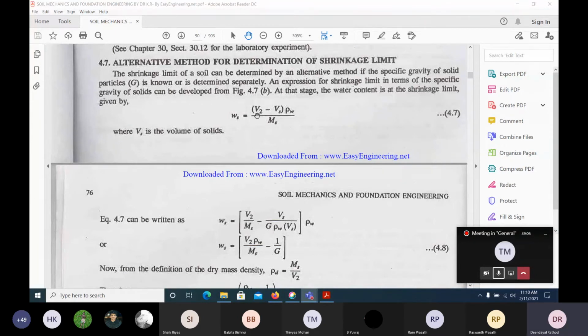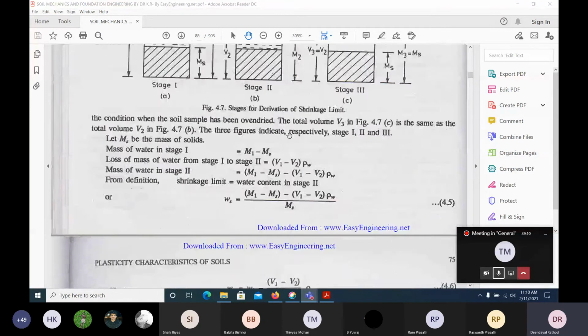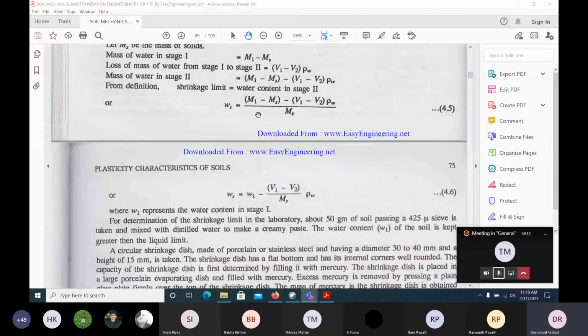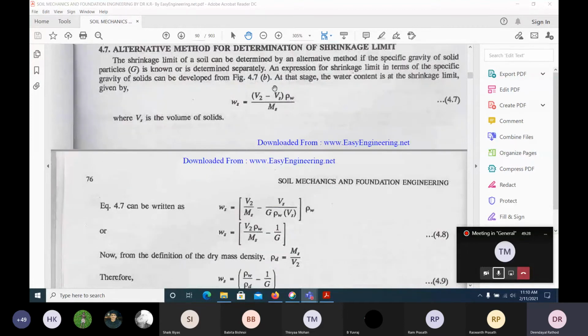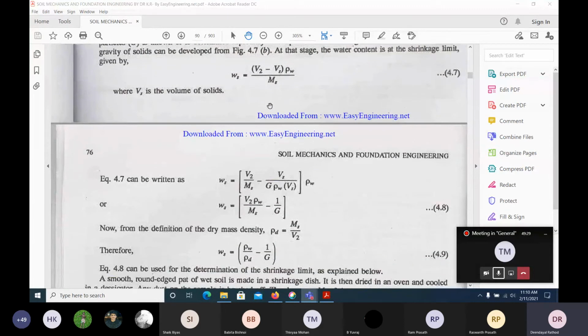We can write the water content at that stage as V2 minus Vs, the volume of solids, multiplied by the density of water, divided by Ms. That gives the shrinkage limit. Again, we can modify it a little by including the specific gravity here.